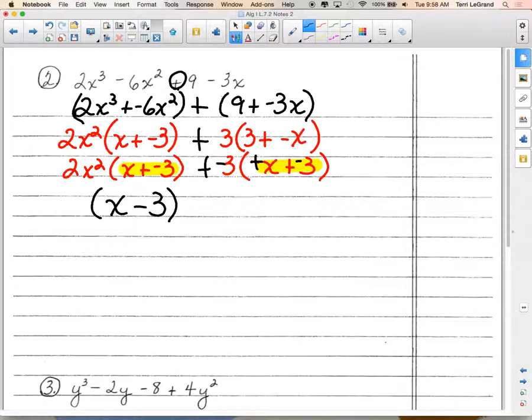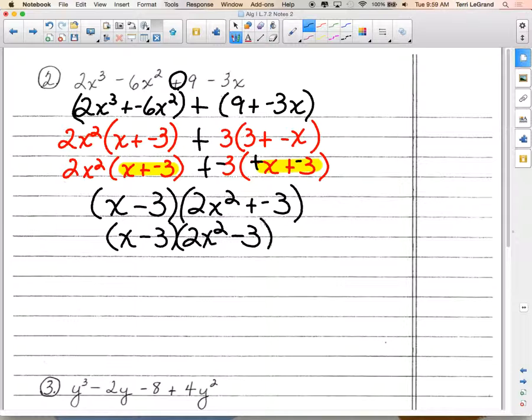We divide it out. What's left from the first group? 2x squared. What's left from the second group? Plus a negative 3, or in other words, minus 3. 2x squared minus 3. This is what we believe the factored name is.